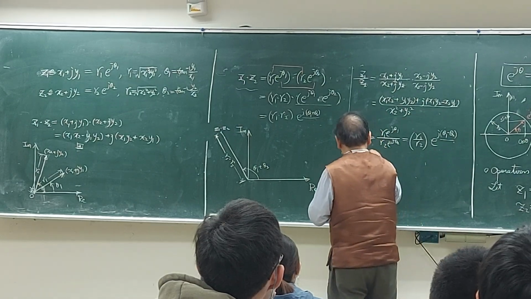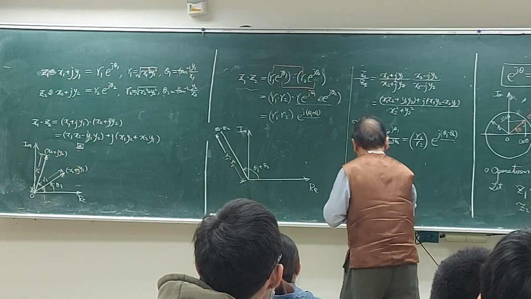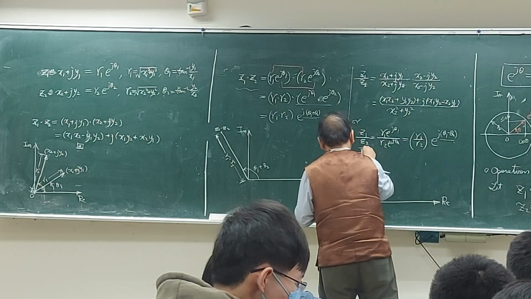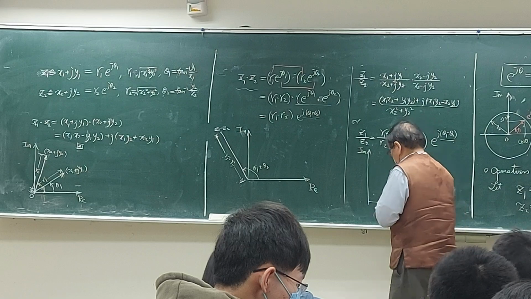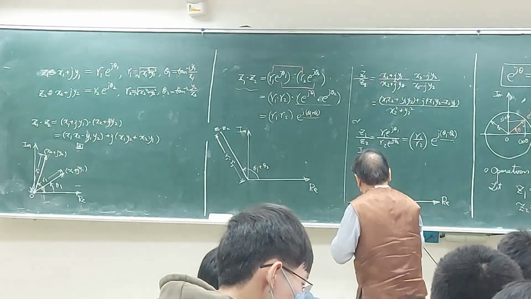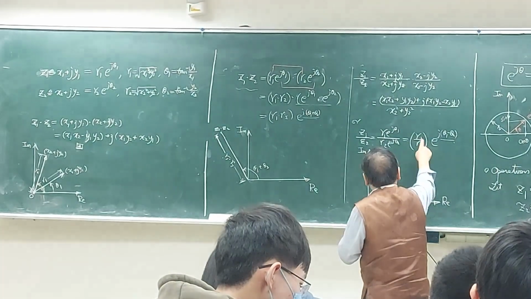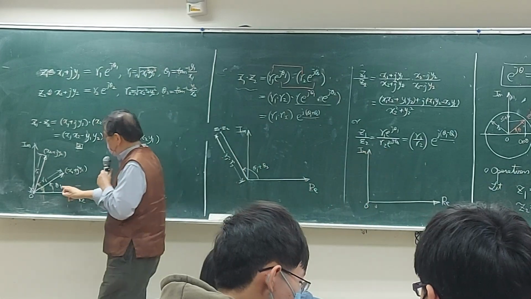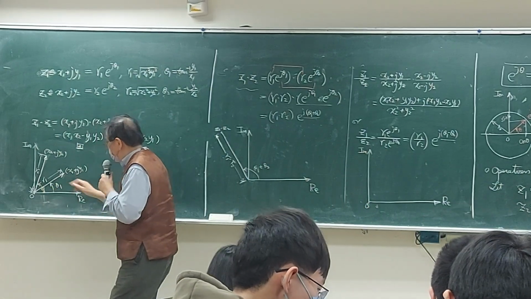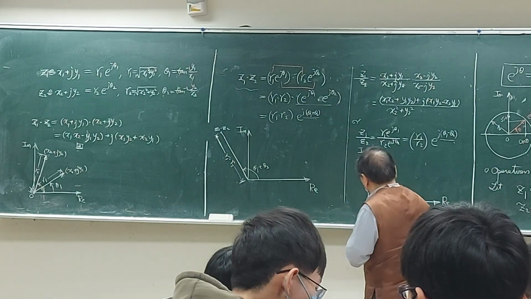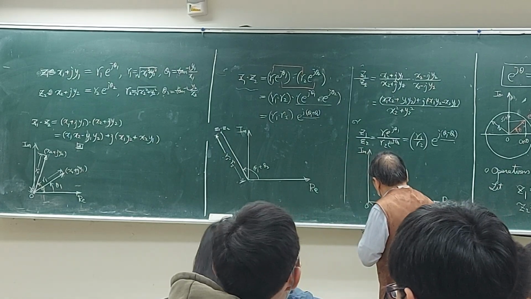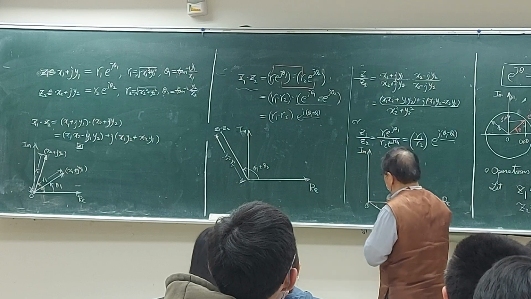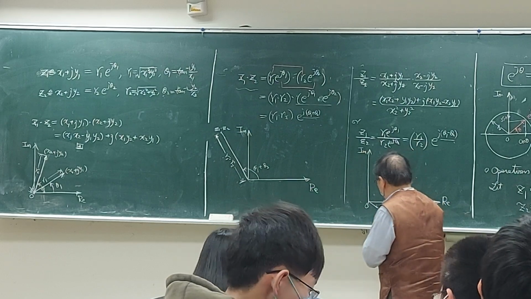So on the complex plane, the ratio of Z1 and Z2 becomes very easy to represent, to draw or to sketch. So this is theta 1, this is theta 2, sorry. So that will be negative. This is theta 1 minus theta 2, a negative angle from the previous picture.